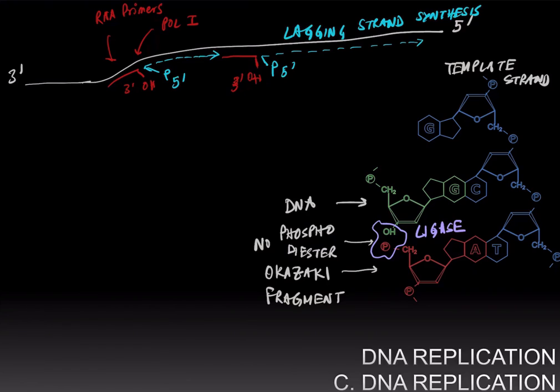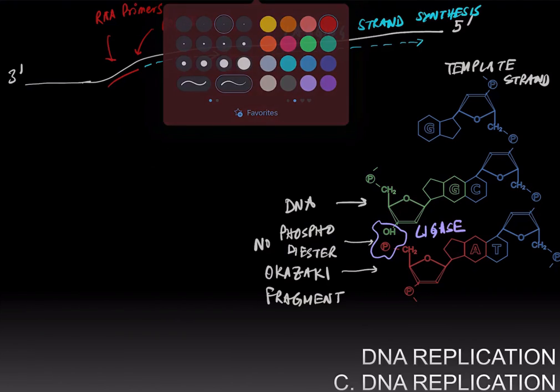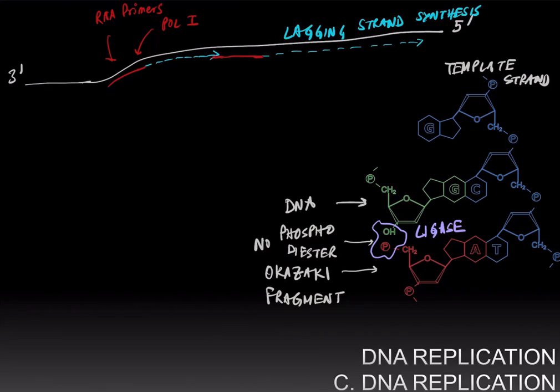And therefore the ligase comes in and makes the phosphodiester bonds and connects up the Okazaki fragments with the DNA that has replaced the RNA primer, and thereby synthesizing a continuous stretch of a daughter strand in lagging strand synthesis, when the DNA polymerase moves in a direction that's opposite to that of the movement of the replication fork.